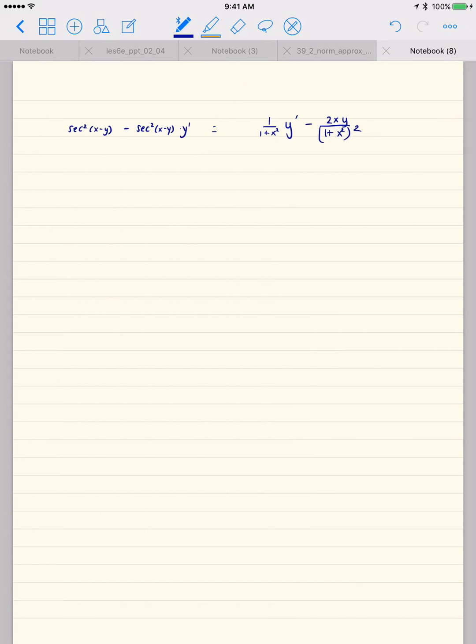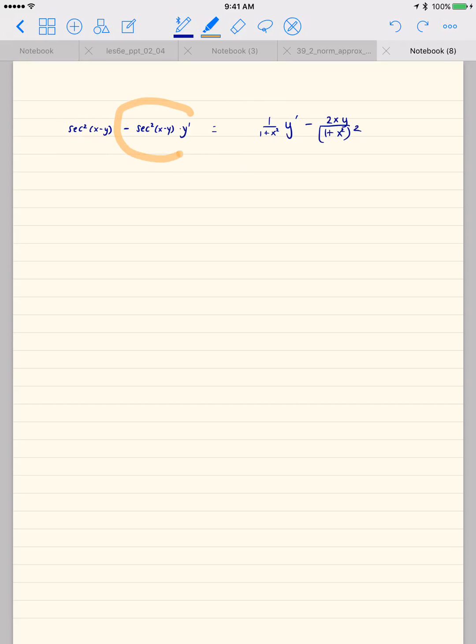So I'm going to move that over there, move this over here, so that I can have my y primes together. Actually, it makes more sense because I don't like to deal with negatives.